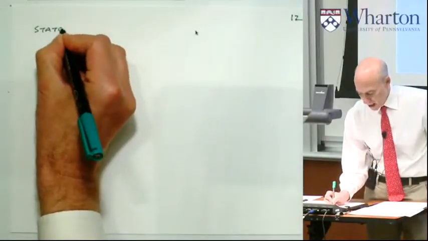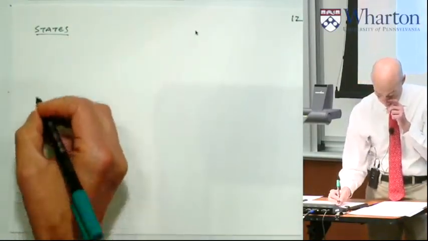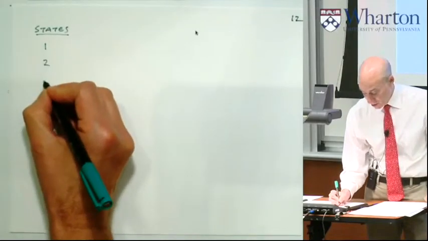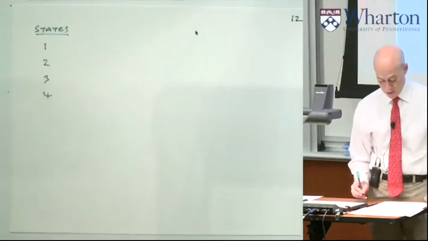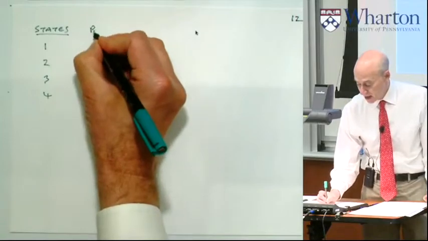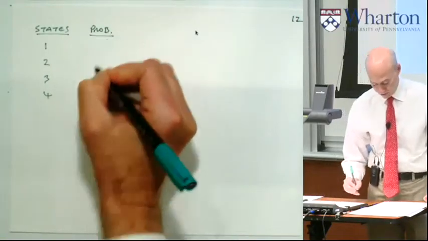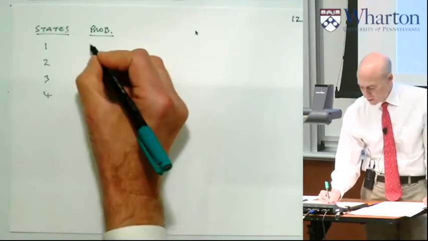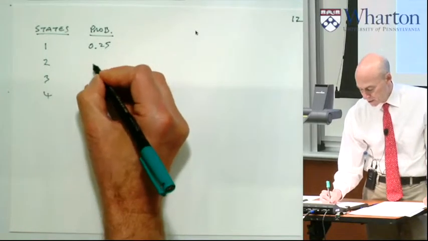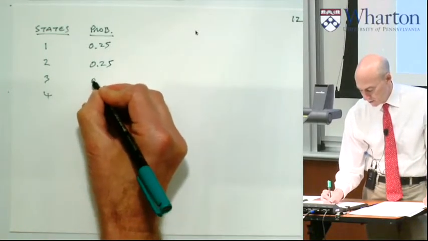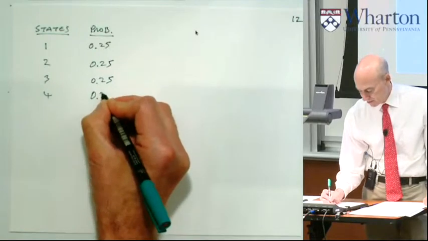Let's suppose that we have 4 states of the world, 1, 2, 3, and 4, and let's suppose they're equally likely. We've got 0.25, 0.25 for all 4 states.